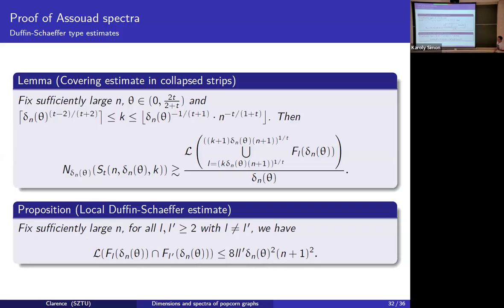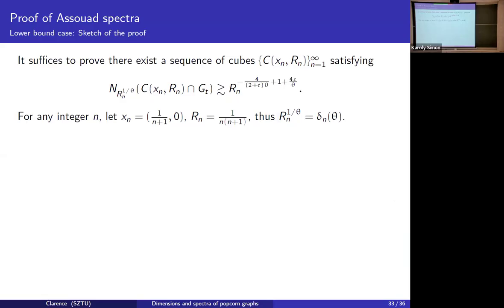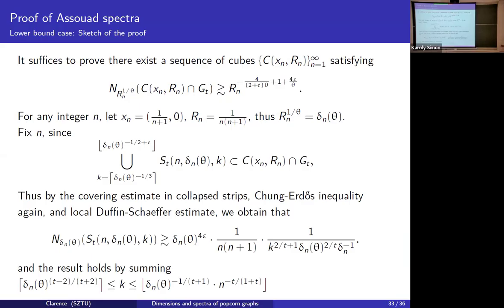We also have the local different shape estimate, motivated from the original different shape estimates and the structure of the popcorn graph. So yeah, under these two settings, we have a quick proof of the lower bound of the alpha spectrum of the popcorn graph.